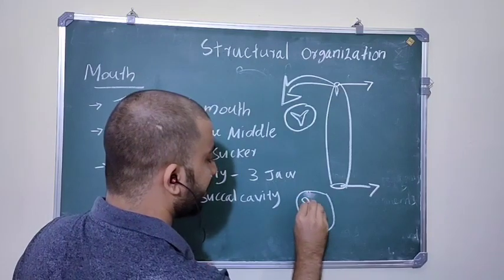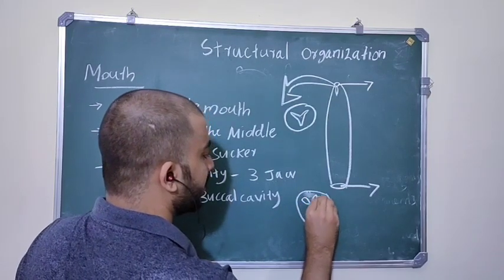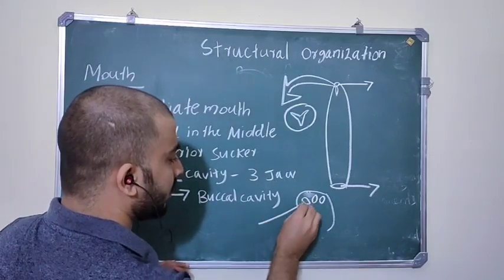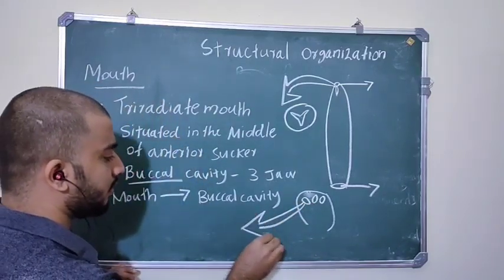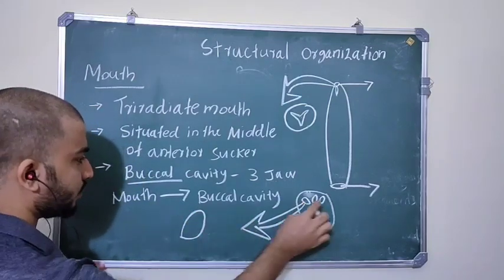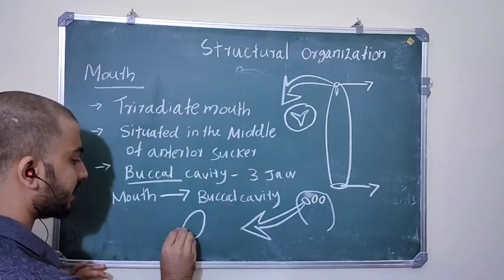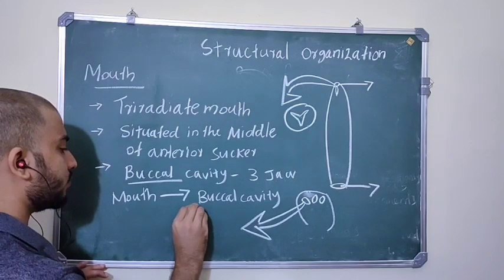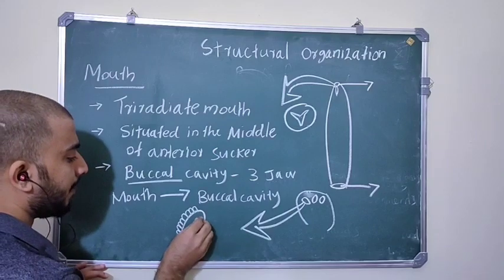This buccal cavity is provided with 3 jaws, and these jaws are provided with a single row of teeth and also papillae.